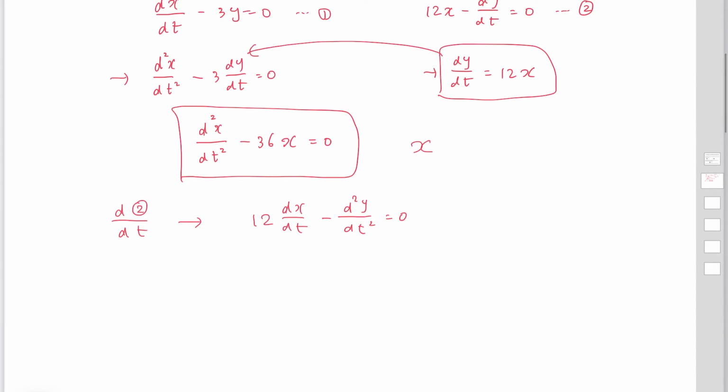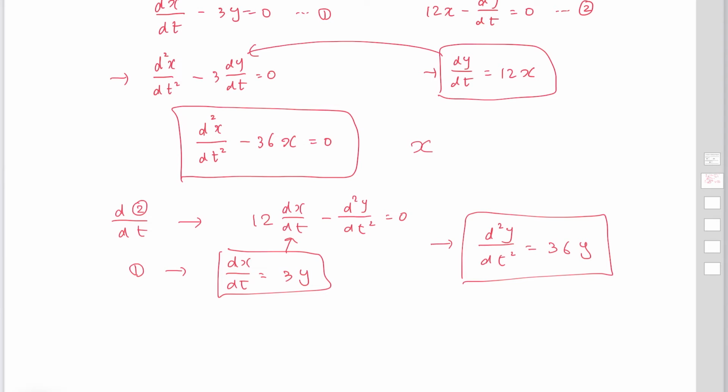From equation 1, we have dx/dt equals 3y. Then you can substitute this here, and it becomes the second derivative of y with respect to t equals 36y. So we have an equation for y.